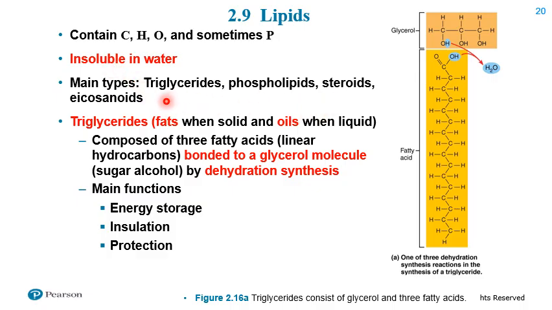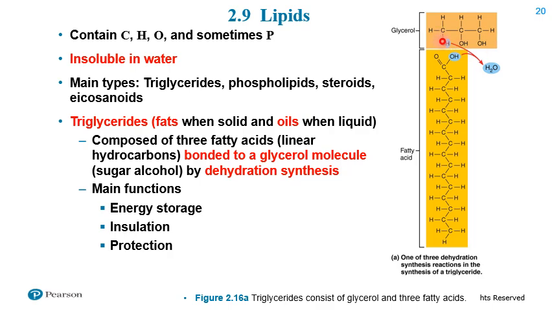So if you have solid lipids, you call those fats. If you have liquid lipids, you call those oils. Okay. Again, how do you get those lipids to synthesize? You can get a joining molecule like glycerol, and you do the dehydration reaction, and then you end up with a triglyceride.